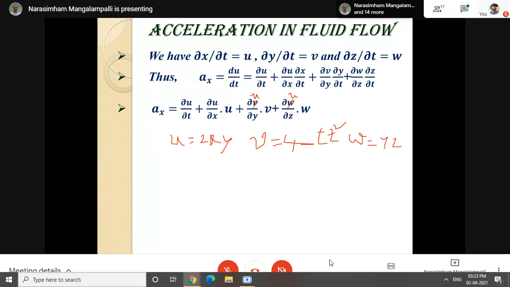Now you are asked to find the accelerations at the point (1, 1, 2), whatever it is, it doesn't matter, and at t equal to 2.